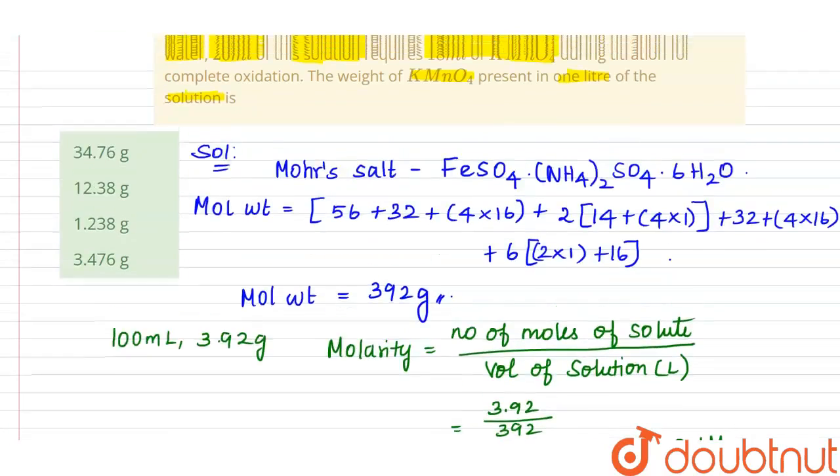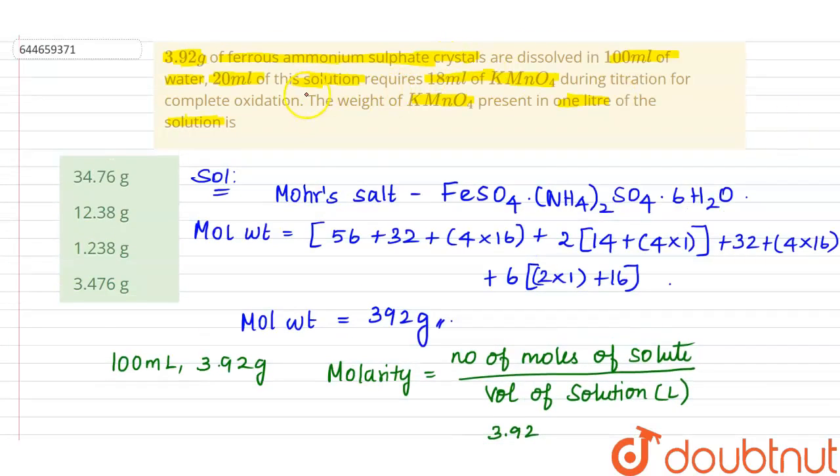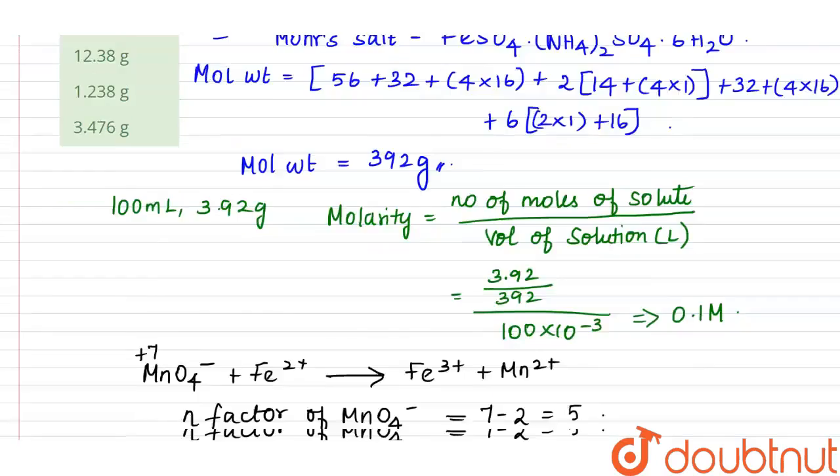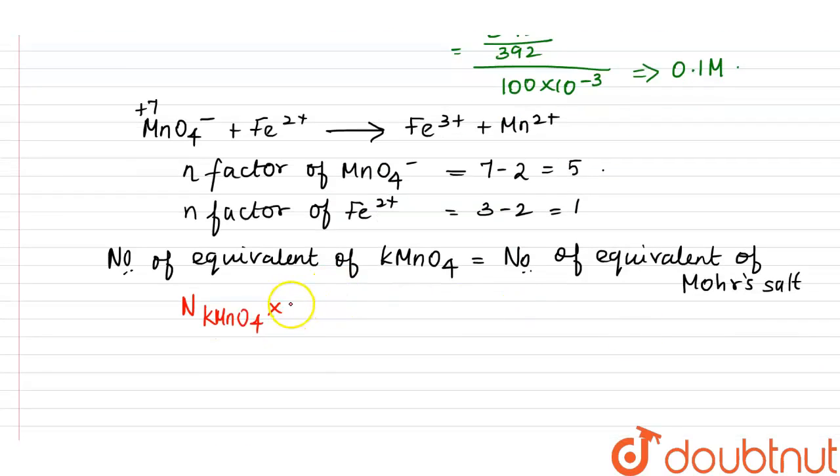That is because 20 ml of Mohr's salt solution requires 18 ml of potassium permanganate, and we should write it in liter. So 18 ml of potassium permanganate is 18 into 10 power minus 3. That will be equal to 1, the N factor of iron in Mohr's salt, so Fe2 plus, the N factor will be 1.